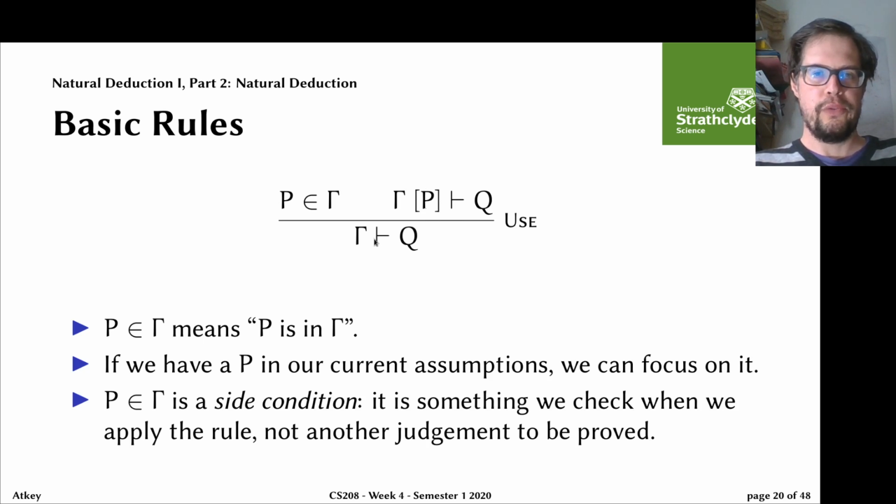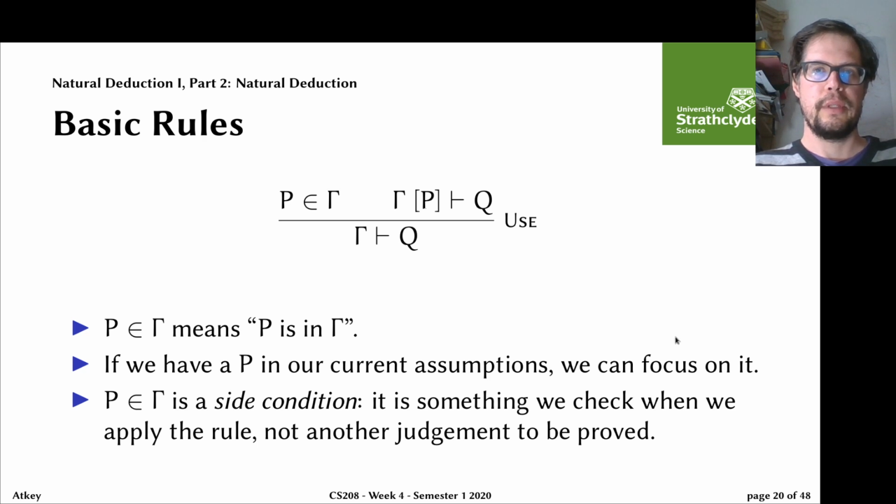Before we had no focus, and then we focus on it here, and then we can use that later on in the proof. Basically it's saying if we have P in our current assumptions, then we can focus on it and start using it in our proof. And this P in gamma is what's called a side condition. It's something we check when we apply the rule, but it's not actually a judgment we have to prove, so we don't have to do any derivation tree above this.